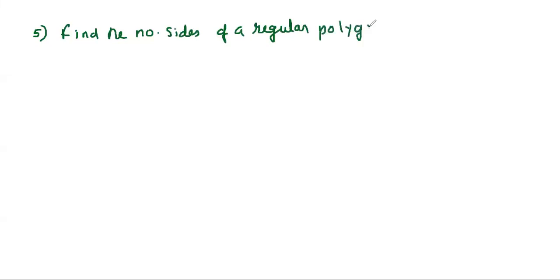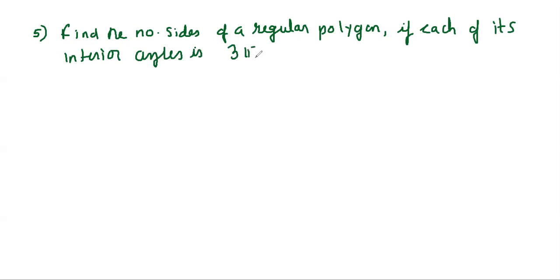Now see, we are given a question. Let me write down the question. That is question number 5. Find the number of sides of a regular polygon if each of its interior angles is 3 pi upon 4 radians.